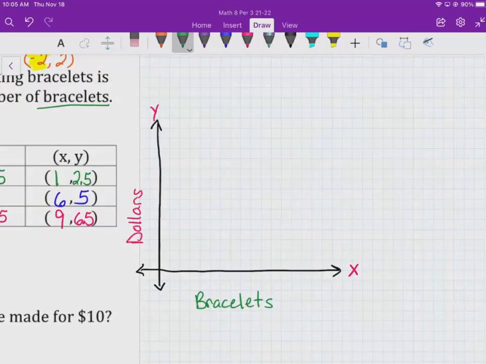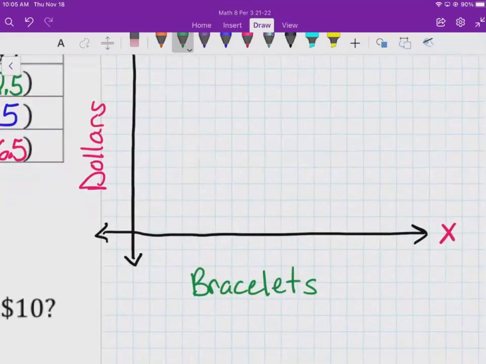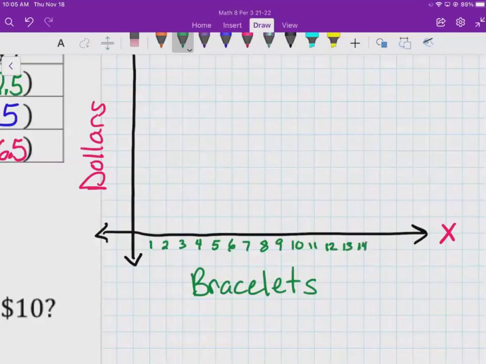Yes, you have to label each little graph mark. 1, 2, 3, 4, 5, 6, 7, 8, 9, 10. Oh, we have a lot more room. 11, 12, 13, 14, 15. This is getting crowded. 17.